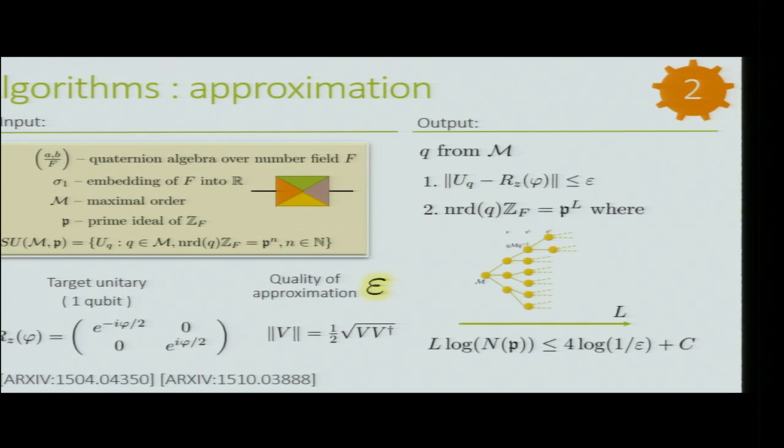And basically, the whole question is that we want to understand the relation between this epsilon and L, right? You can think of this tree: once you go further down the tree, L increases.